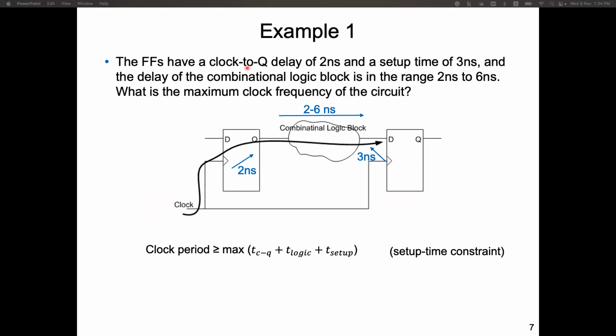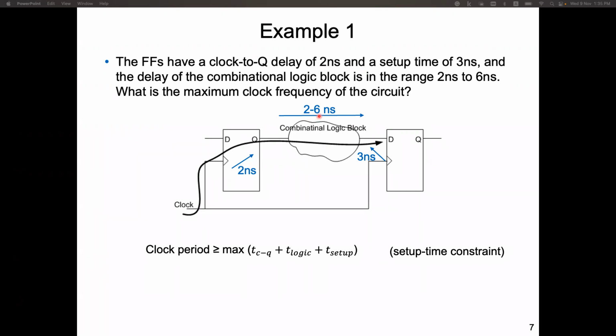The clock to Q delay is 2 nanoseconds. The setup time is 3 nanoseconds. And there's a hold time, but the hold time is not used in this example, so it is not shown. And between these 2 flip-flops, there is a combinational logic block, and it also produces a delay. This delay varies. It has a range from 2 nanoseconds to 6 nanoseconds.